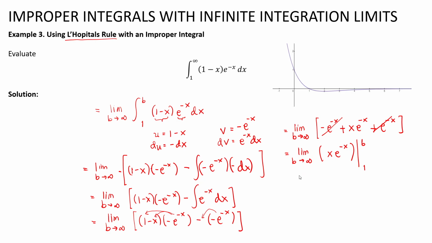Alright, so applying the limits of integration, you're going to have the limit of b approaches infinity. Then for the first one you're going to have x, and that will be rather b. b e raised to the power of negative b, and then minus e raised to the power of negative 1.